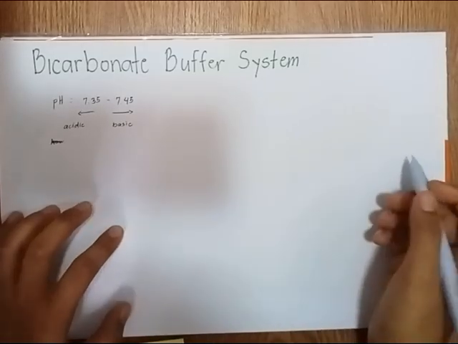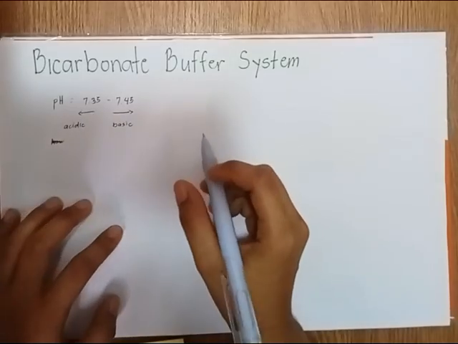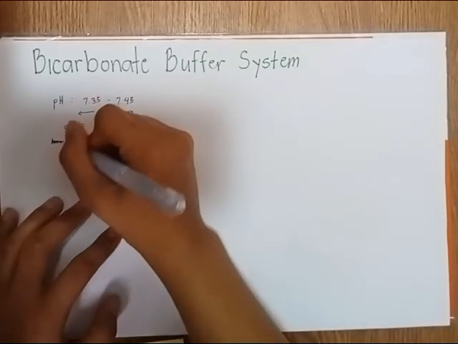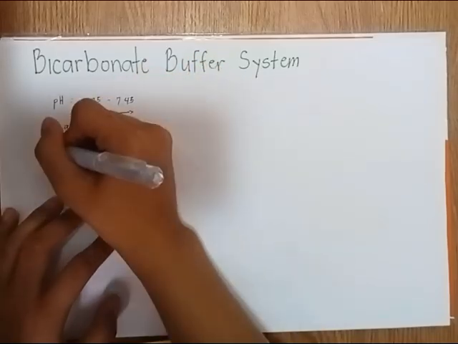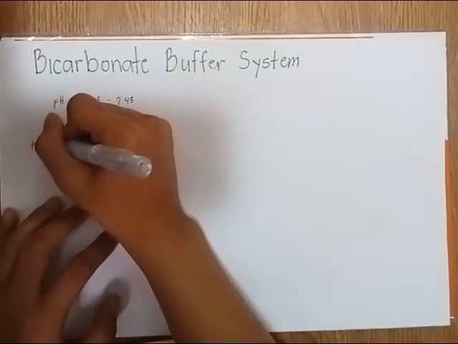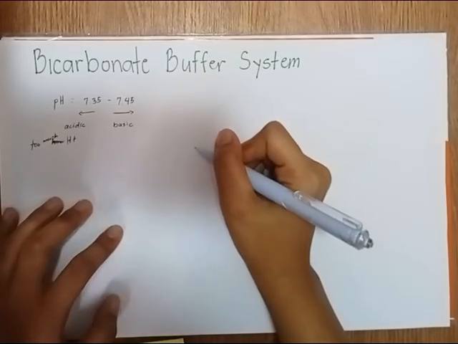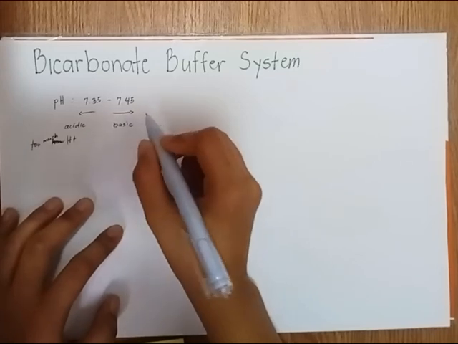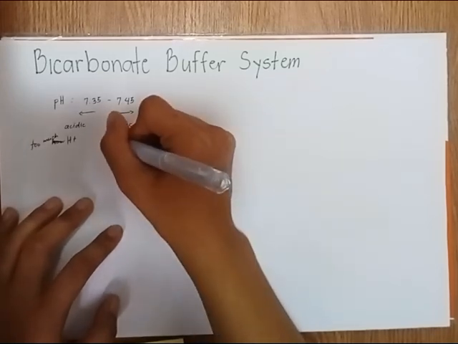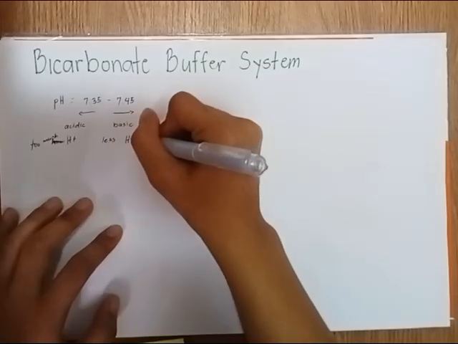If our blood pH goes in this direction, that means we have too many hydrogen ions. And if it goes in this direction, that means we have less or not enough hydrogen ions.